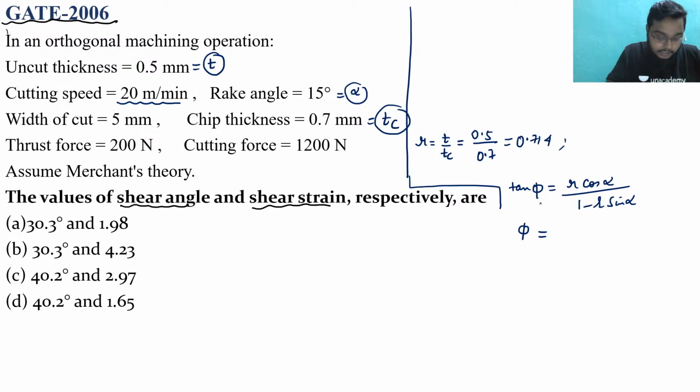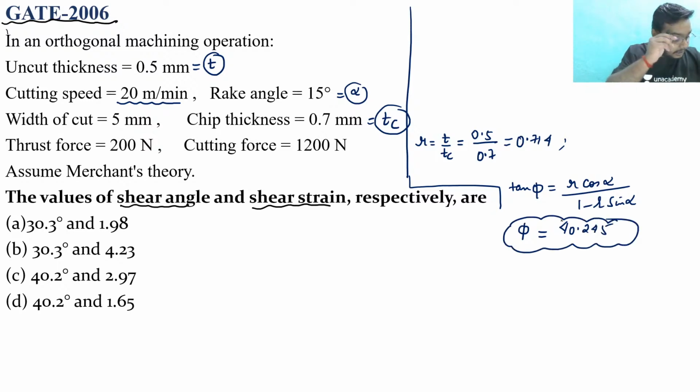With sin 15, the phi value that I am getting is 40.245. Now Mukta is telling me the answer is C. Please check your answers. I request everyone to check your answer.